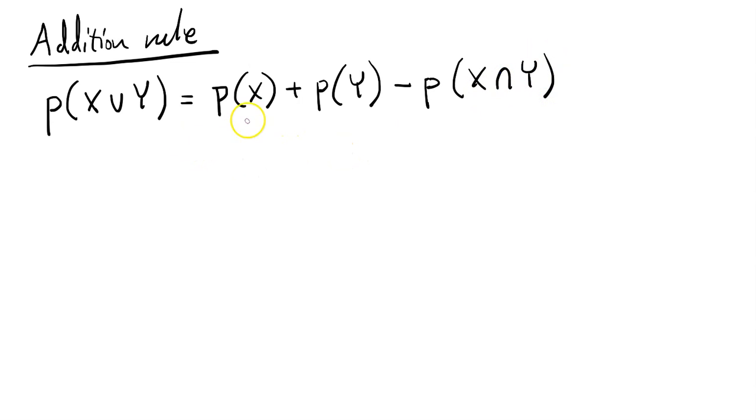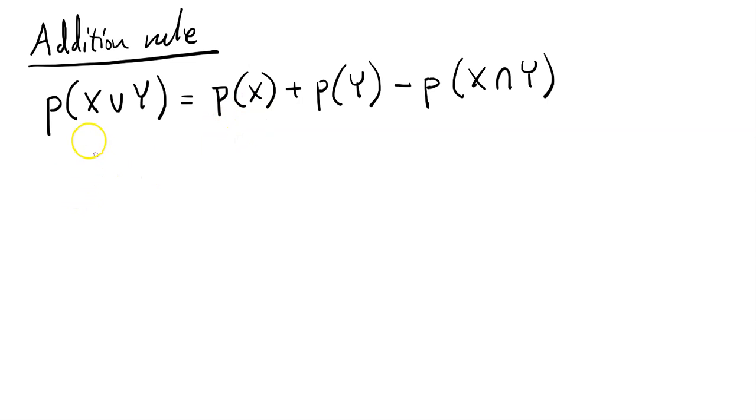So this is called the addition rule. We add the probabilities separately, but we have to take away the overlap. This rule holds no matter what x and y are.